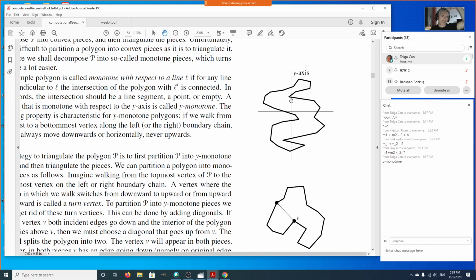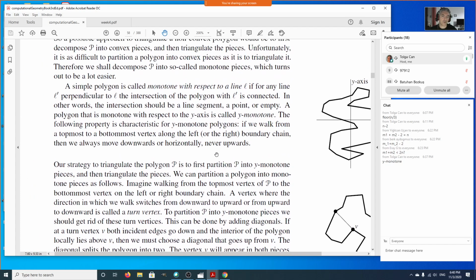You may stay at the same level. It doesn't break the monotonicity rule, but they either decrease or stay the same. Here, as you can see, at this vertex V, they are decreasing. At this vertex here, we have a problem. This is also a problematic vertex, right? I mean, we come here, decrease, and suddenly we see an increase.